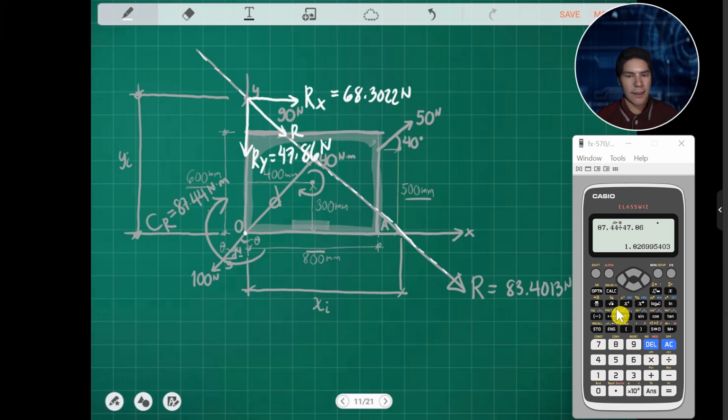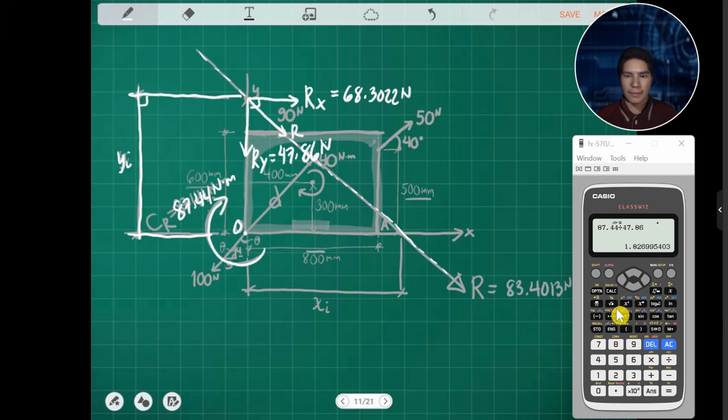So ito yung concern natin at point O. Meron tayong moment na 87.44 Newton meter. Then gusto nating makuha is yung y-intercept. So kailangan natin ng force perpendicular sa yi, no?